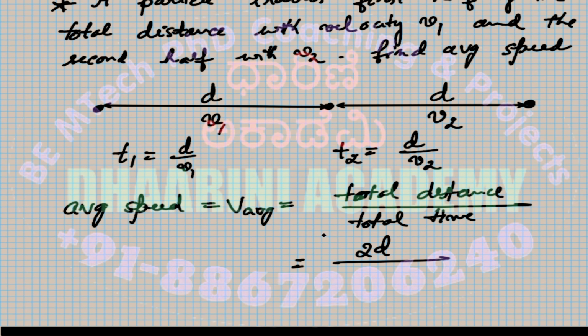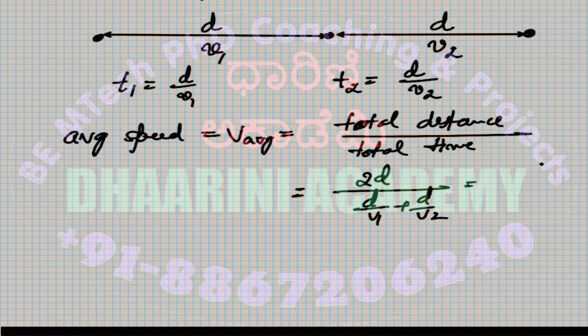But the total time is t1 plus t2. t1 is d by v1 plus d by v2. Alright, so let us try to make a common denominator, 2d divided by v2d plus v1d divided by v1 v2.